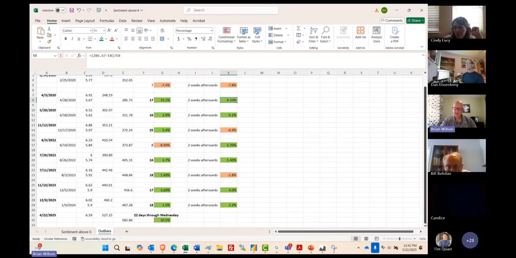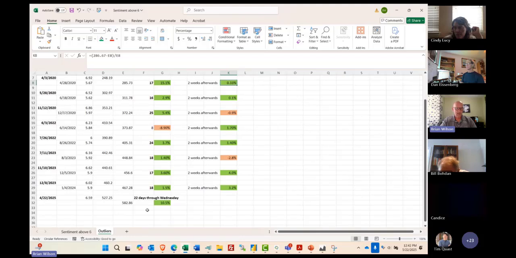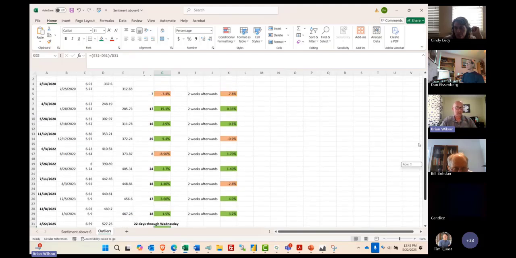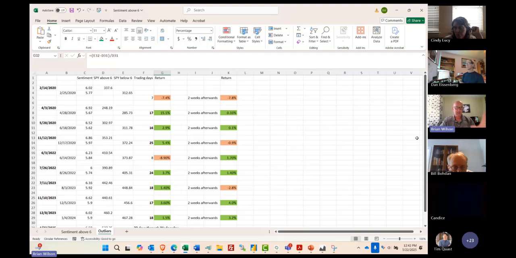So outliers here on two different categories, both the time that we've spent above the red line, and the return that we've had so far above the red line. And what happens next? Well, we haven't gone back below it yet, so there's still excess demand in the marketplace. But this is usually what it looks like afterwards, where everything tends to just flatten out a little bit.